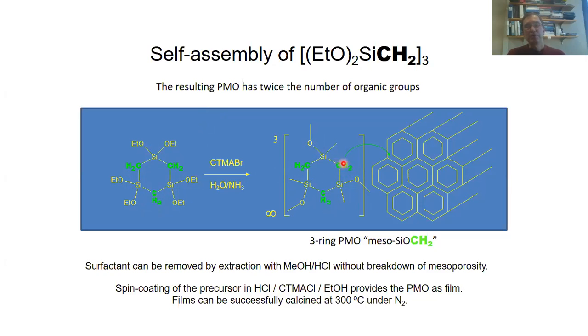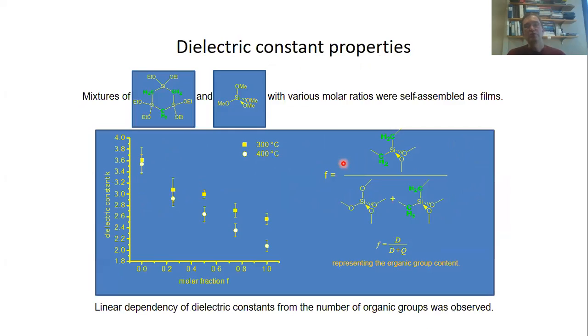So which properties can you actually tune this way? And one property you can tune is the dielectric constant of the material. And the dielectric constant is important for electronics applications. So on a microchip, you have the problem that you have to electrically insulate the electrically conducting components from the electrically insulating components.